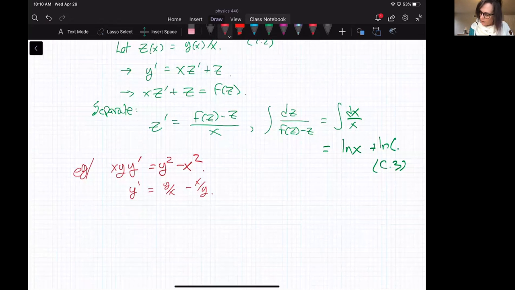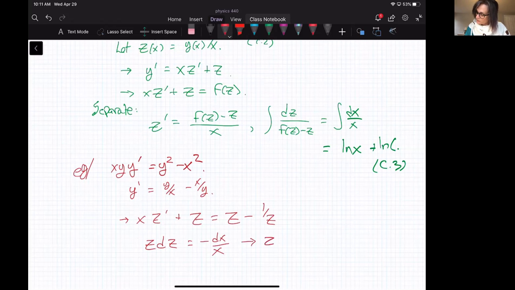So now we have x times z prime plus z is equal to z minus 1 over z, recognizing that we have y over x and x over y. So that means we have z dz is equal to minus dx over x.